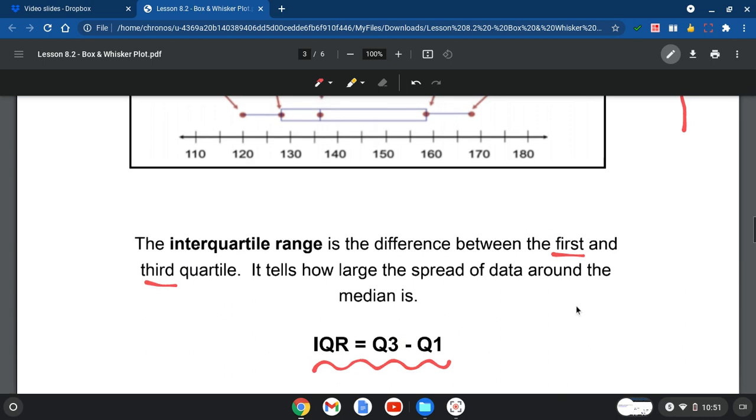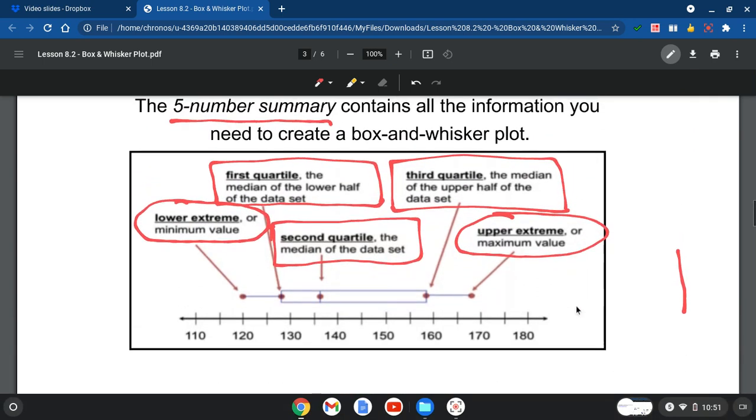When we are looking at this data range, this represents your 25%. This represents 50%. This whole piece would represent the top 75%. And then finally, the whole entire range would equal out to 100%.